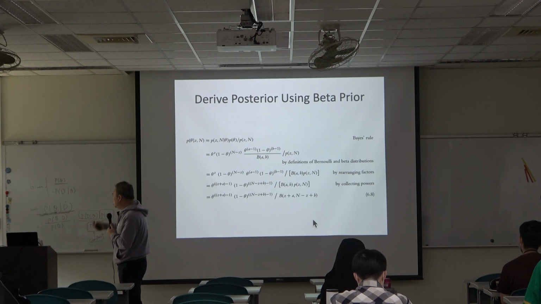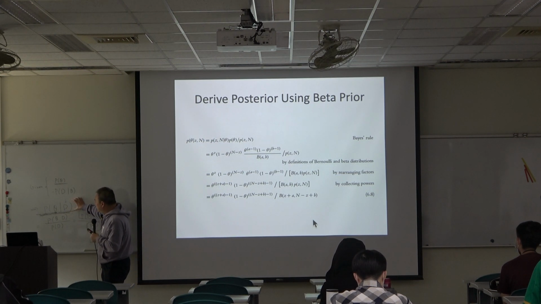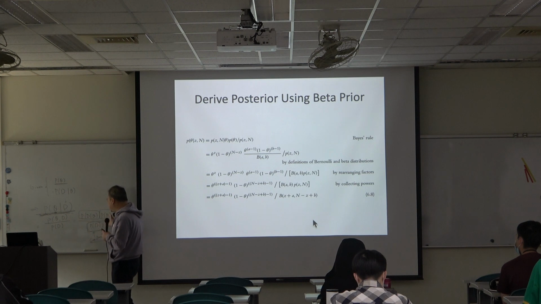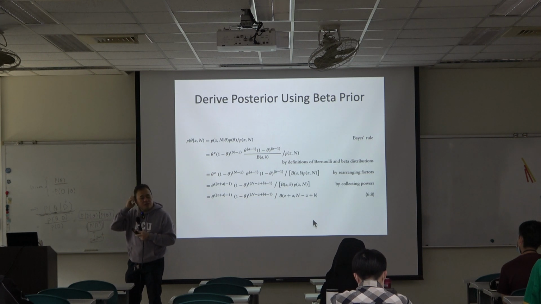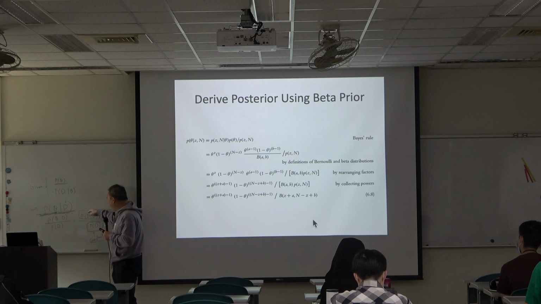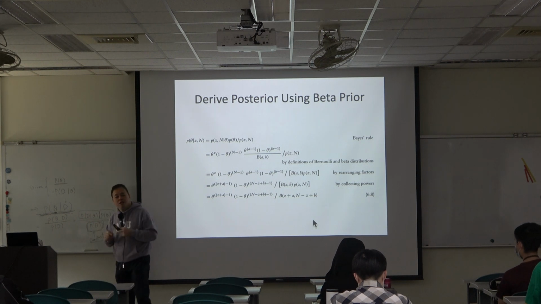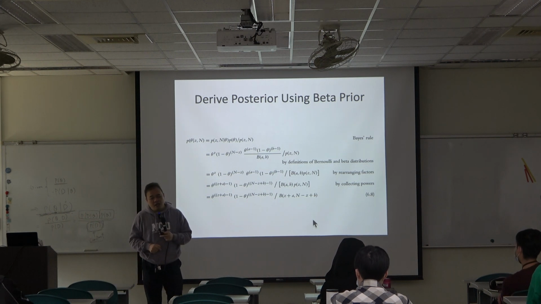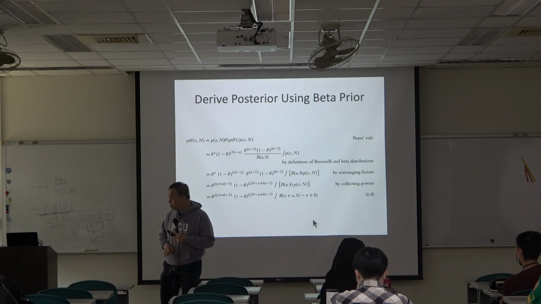This is like the posterior. Then we use Bayes' theorem to write it down. We know our prior is a beta distribution, and we know our likelihood is a binomial likelihood.